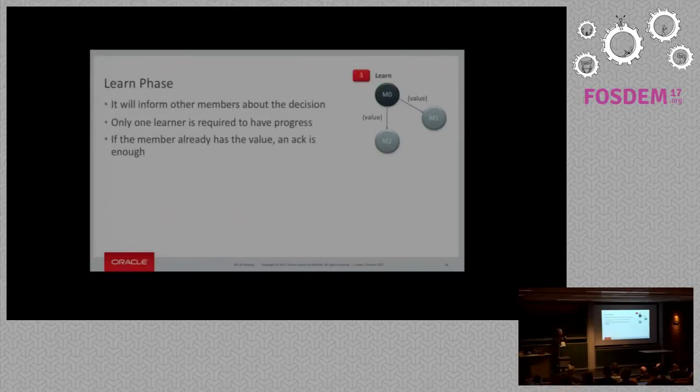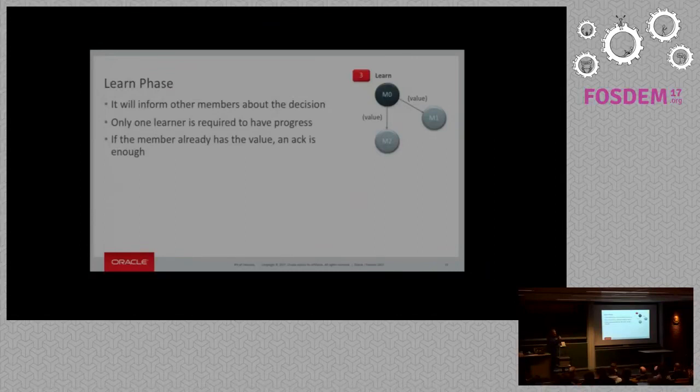So the last one is the learn phase, okay? You got an agreement that the next transaction to be committed will be transaction X. Then the leader needs to inform the other members that there was an agreement. So there is a third phase, the learn phase, where the leader will inform all the members that something has been decided.